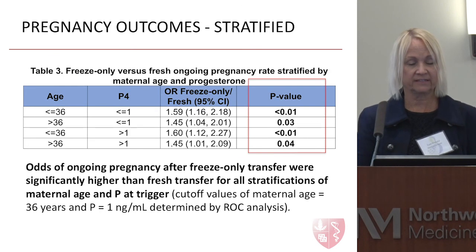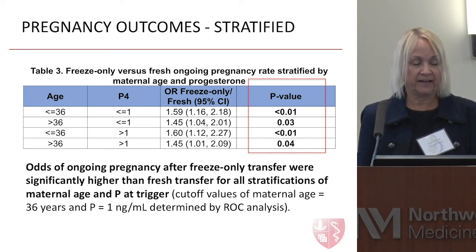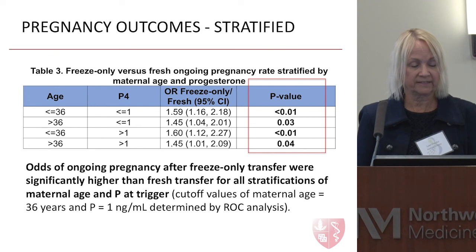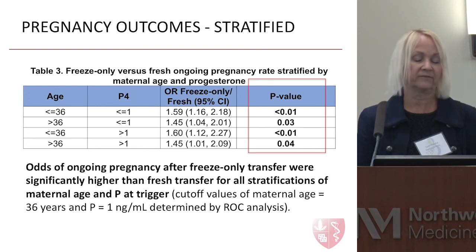And then we looked to see if in these euploid embryos, there was a difference with progesterone level. So we looked at age less than 36 and over 36, and with progesterone less than 1 and greater than 1. And in this group, we did not see any difference in pregnancy rate depending on the age or the progesterone level. So this was a little bit different than what we saw with the unscreened embryos.